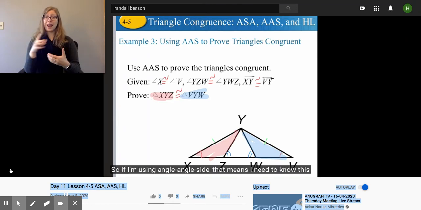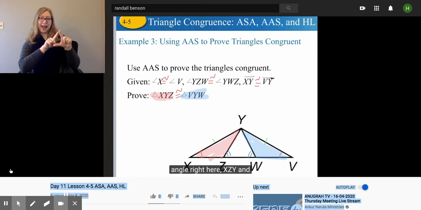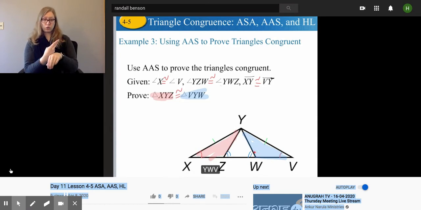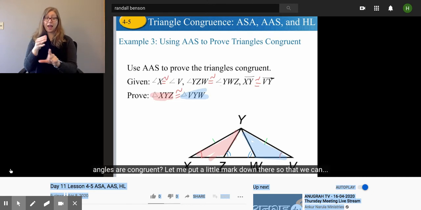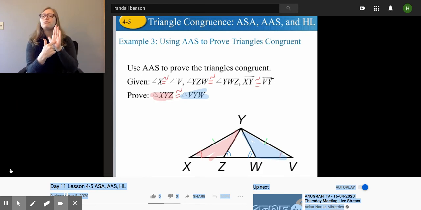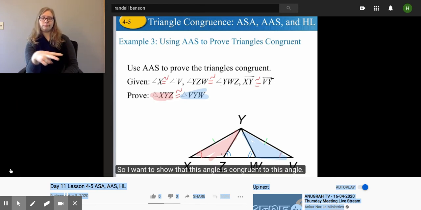So if I'm using angle side, that means I need to know this angle right here, XZY and YWV. So how do I know that those two angles are congruent? Let me put a little mark down there. I want to show that this angle is congruent to this angle.